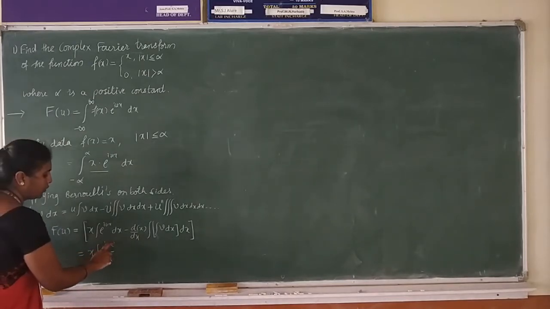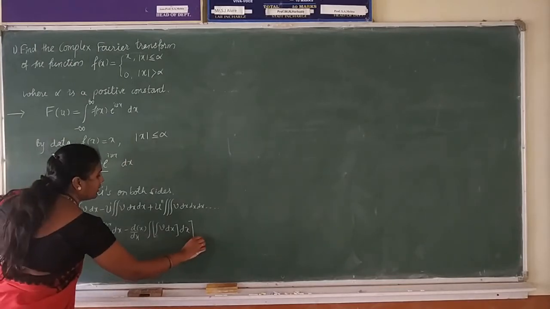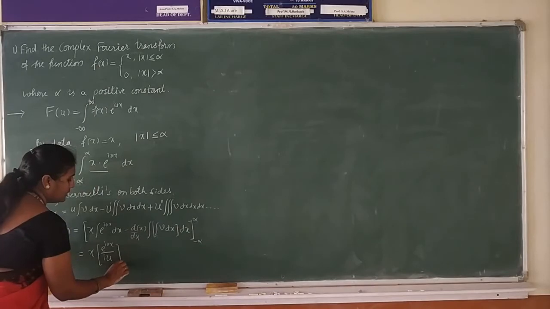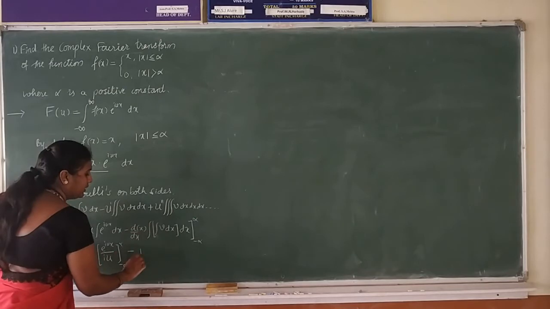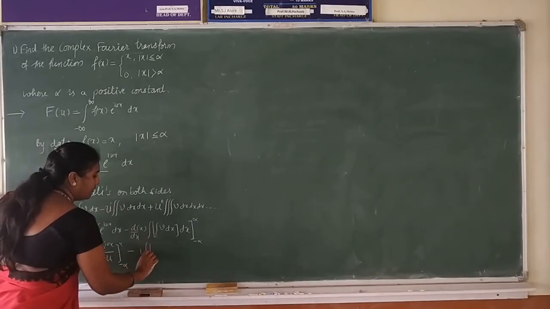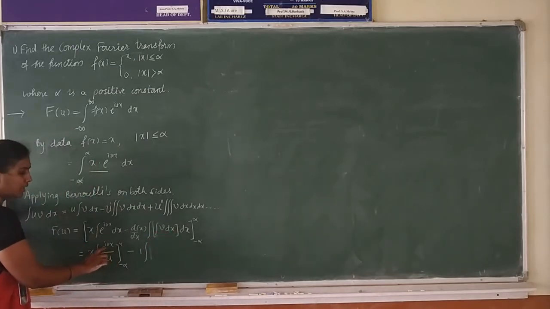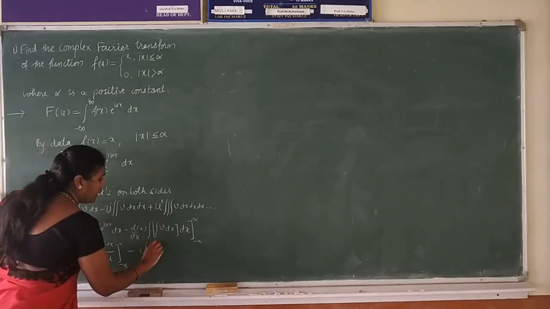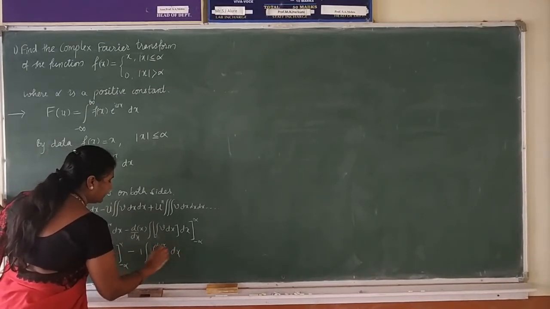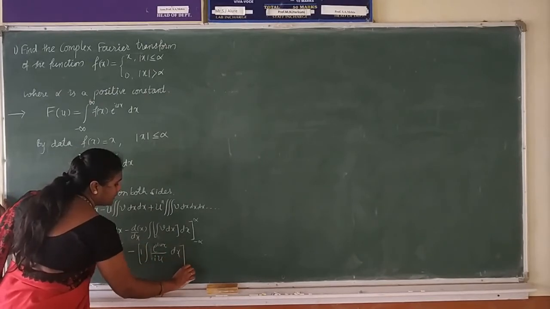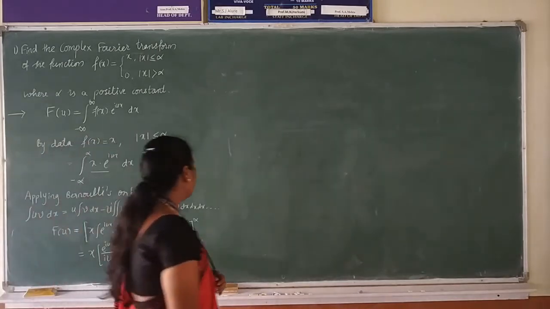That is e to the power iux upon iu, between the limits minus alpha to alpha, minus the derivative of x which is 1, into the double integration. The first integration we did here, that is e to the power iux upon iu dx, with the limits minus alpha to alpha. Here two terms are there, therefore I have written the limits separately.